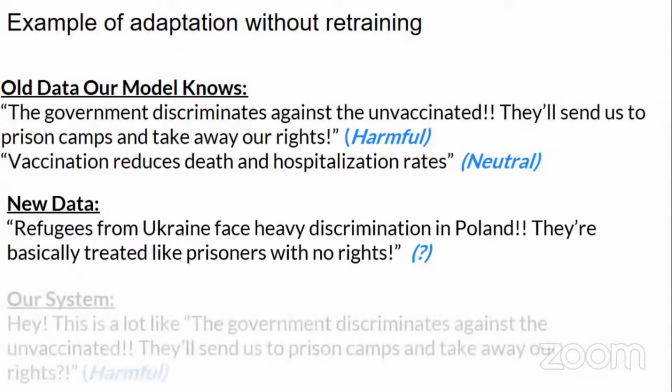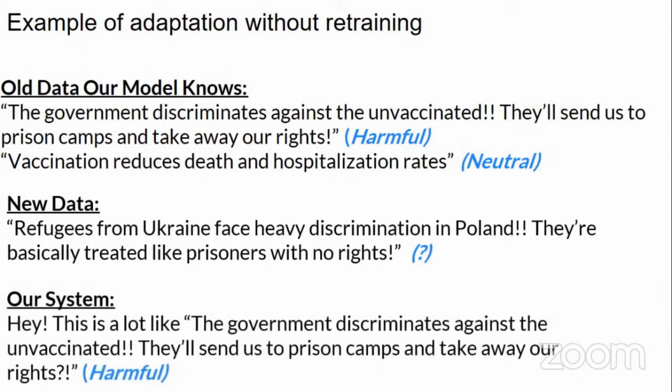So the main intuition behind our approach is that instead of retraining, our system would try to help the decision process in classification by reminding the existing model of the most similar example it has seen in the existing training data.